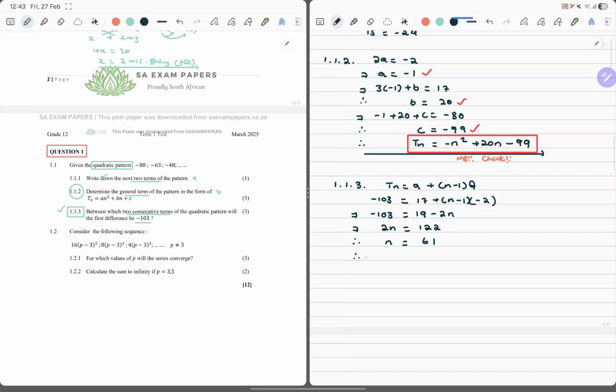So what do we know? We can say therefore minus 103 is the difference between term 61 and term 62, the one ahead.